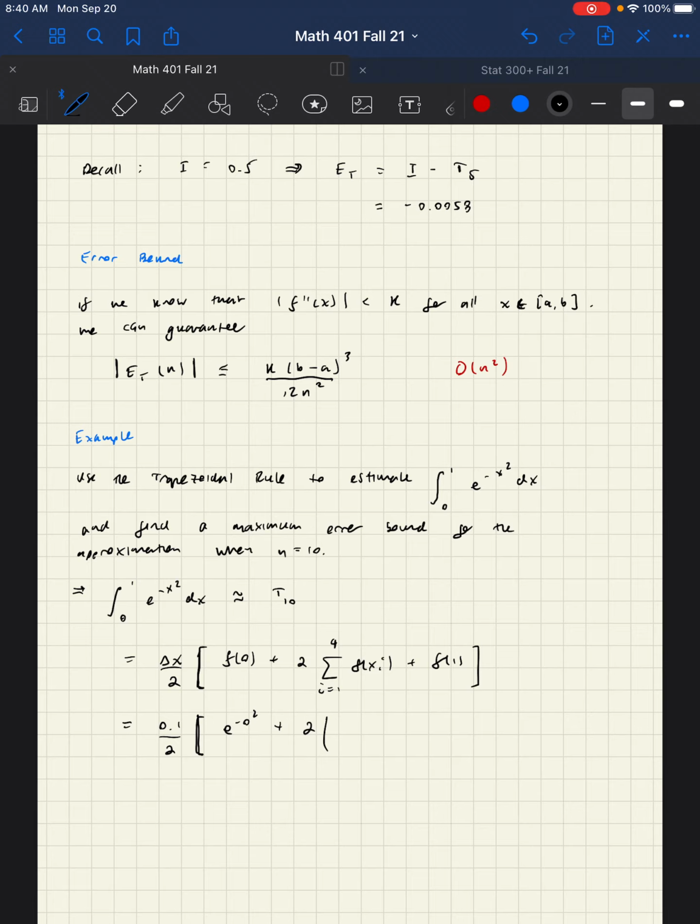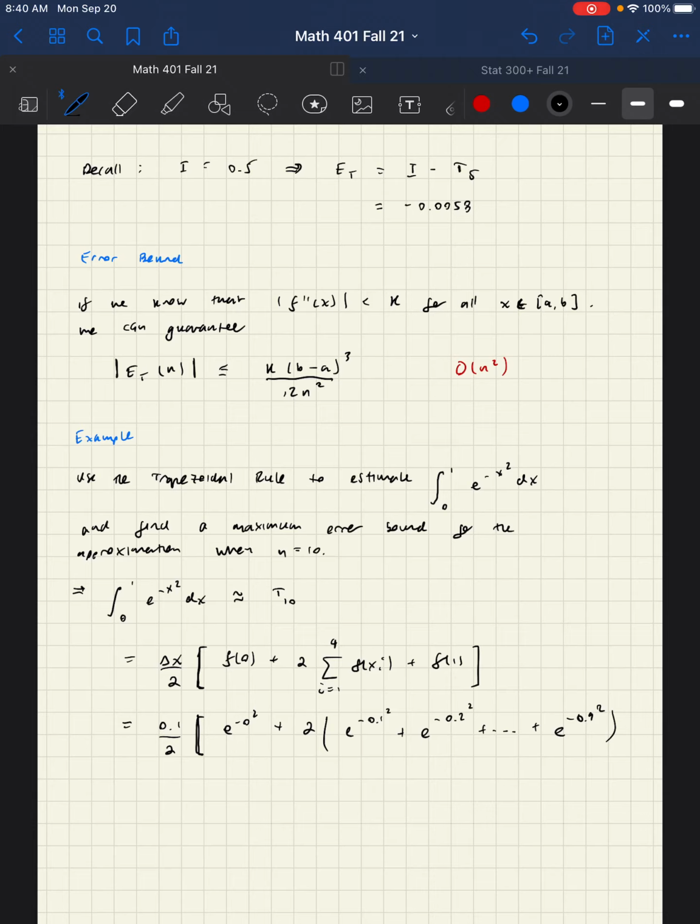times e to the negative 0 squared plus 2 times a long sequence of numbers: e to the negative 0.1 squared plus e to the negative 0.2 squared and so on, up to plus e to the negative 0.9 squared.